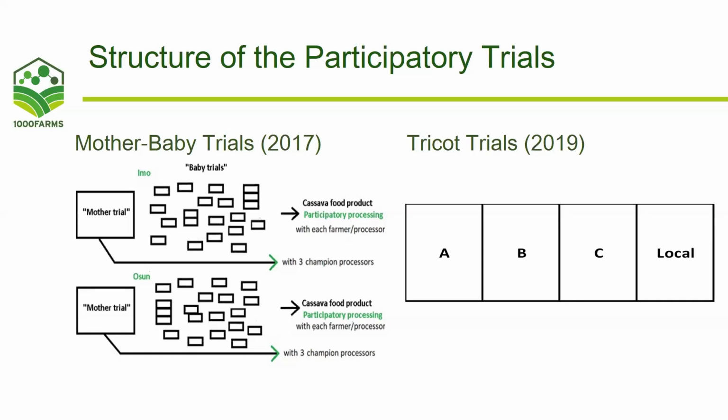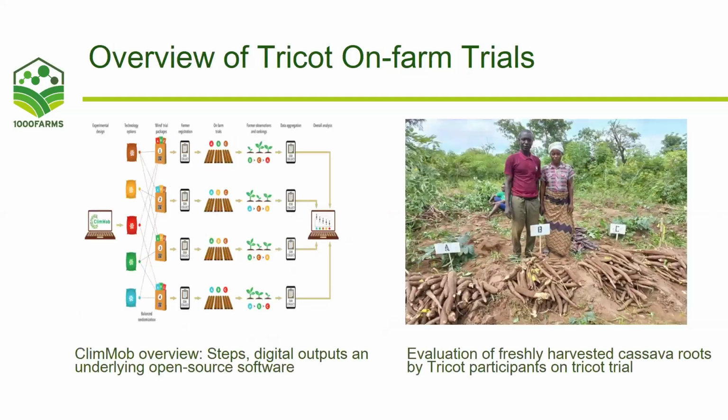For the tricot trials, farmers were given 3 varieties known as A, B, C, and they also planted a 4th variety, which is the local variety. For the tricot approach, the entire process is managed by CliMob, which does the randomization and assigning of these cassava varieties.